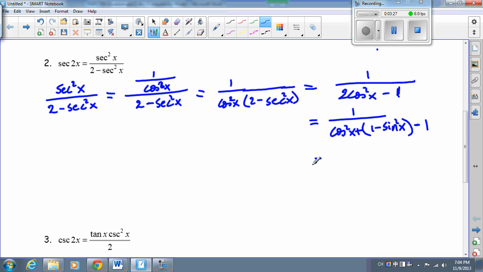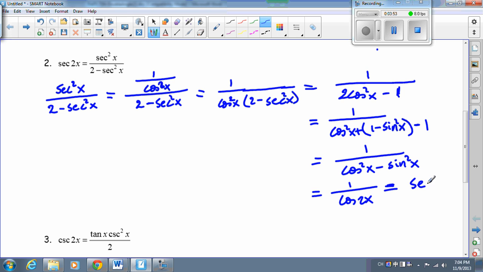So this 1 and this negative 1 will go away. I will have cosine squared of x minus sine squared of x. And if you look at your green paper, the cosine squared of x minus the sine squared of x is actually the cosine of 2x. So I have 1 over cosine 2x, and 1 over cosine 2x is exactly the secant of 2x.